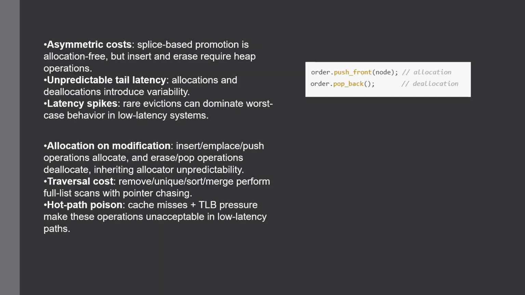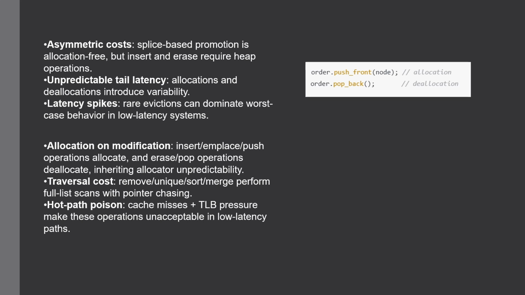The only problem, however, is asymmetry, promotion versus eviction. Promotion via splice in the LRU cache is constant time. But inserting a new element, allocating a node, and evicting an old element is going to allocate and deallocate.